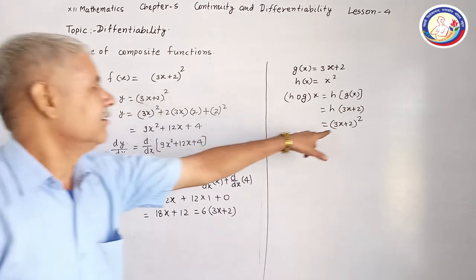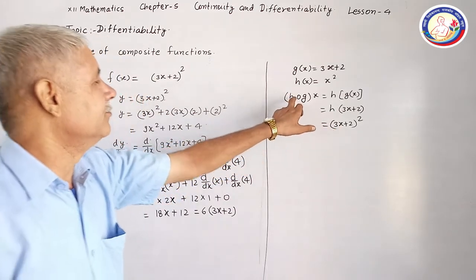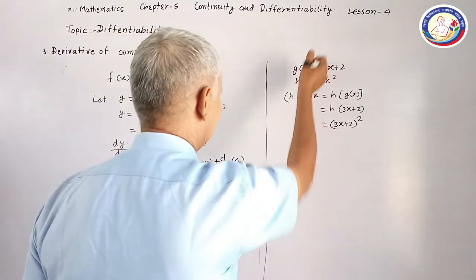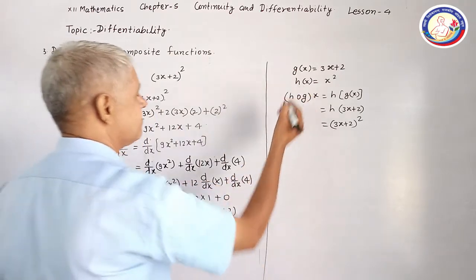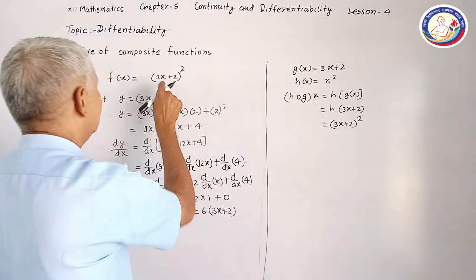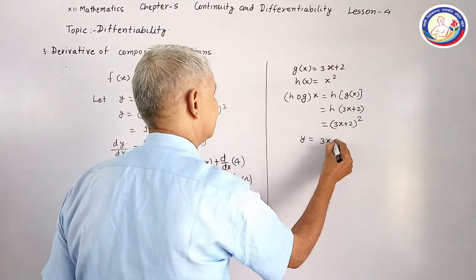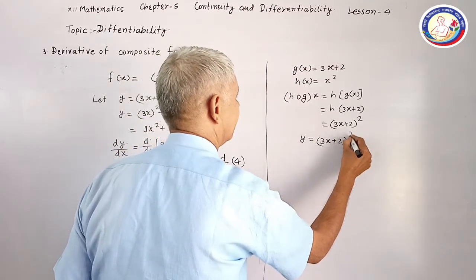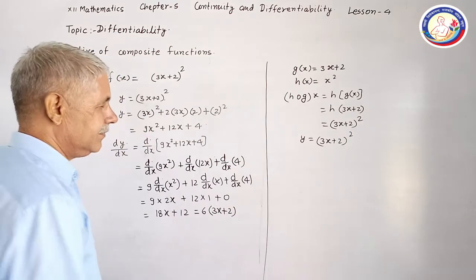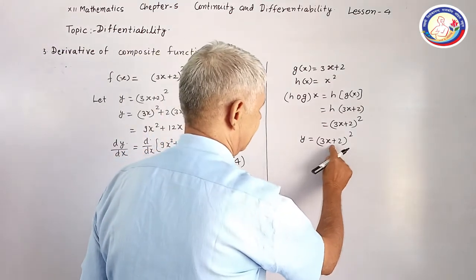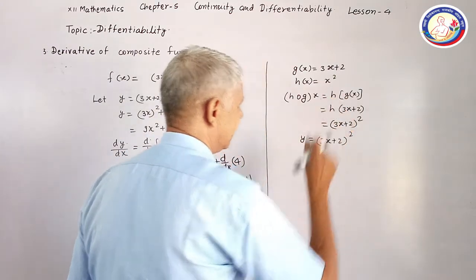This is the composite function of these two, h and g. Now what we can do, if we want to find the derivative of this y equal to (3x plus 2) square, this is a function, and square is also a second function.